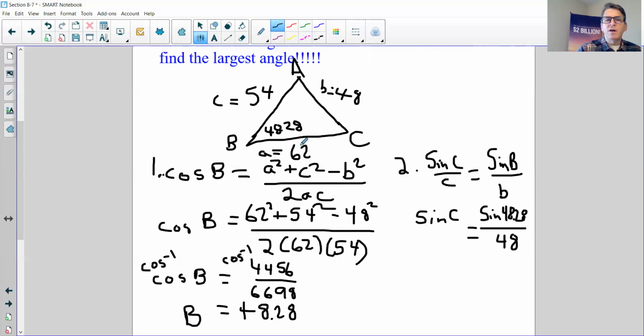We found the smallest angle, then the next smallest angle, so make sure you use that as your go-to. If you cross multiply and divide, you end up with sine of C as 0.8397, and that puts angle C at 57.11.